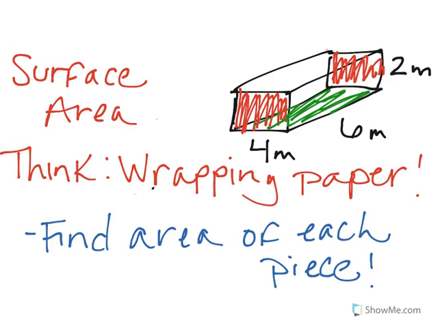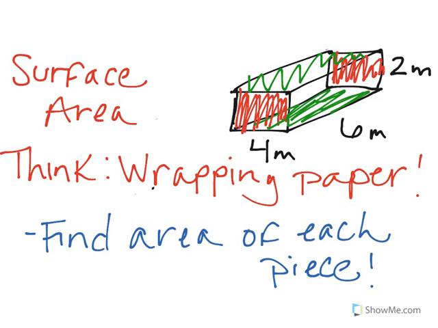Then the color that I colored in green is the same length as the bottom. The green can also be the top, and that's the same. And the sides of this box can also be colored green, so they are also the same area.